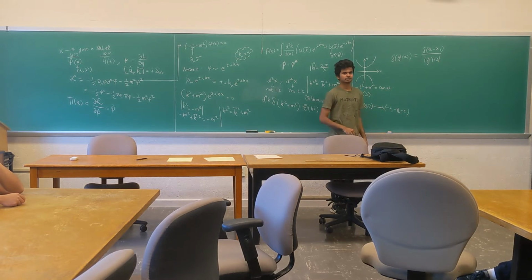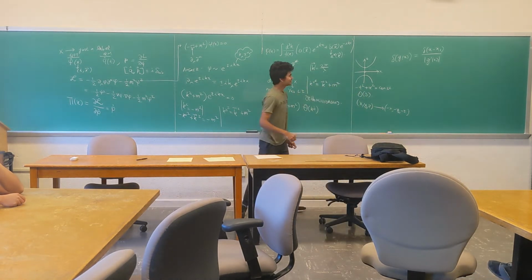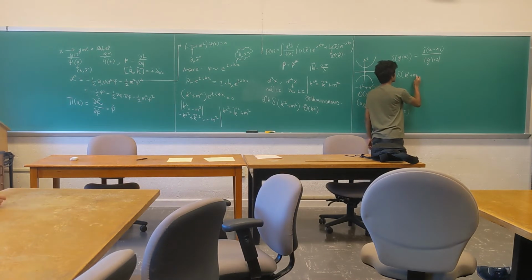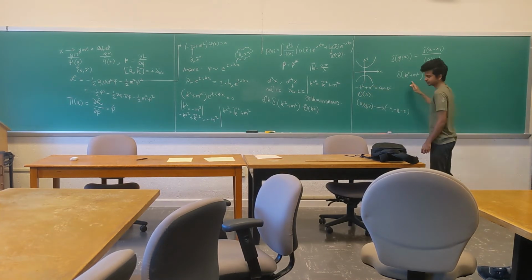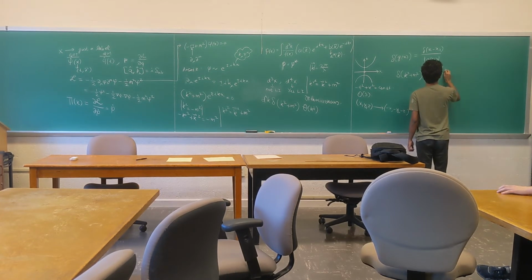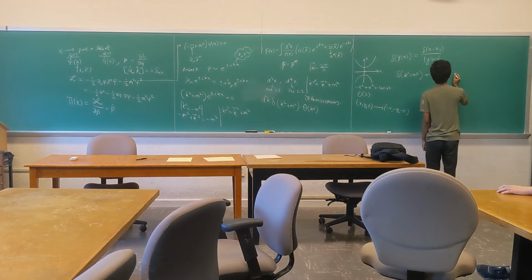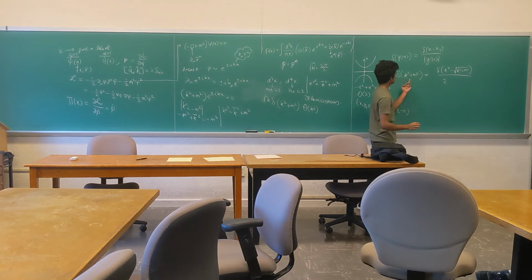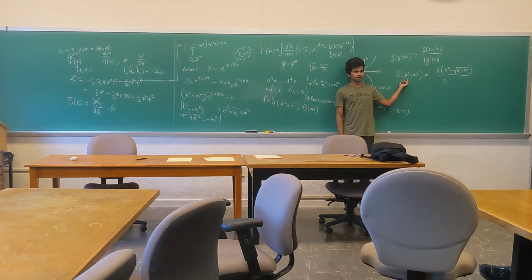So this is nothing but delta of k naught being equal to the square root of k squared plus m squared, and if I take a derivative of this with respect to k naught, I get a 2.